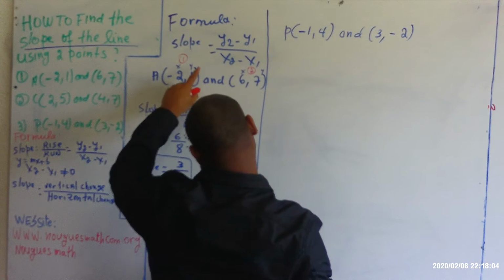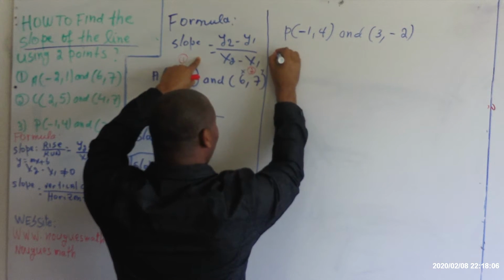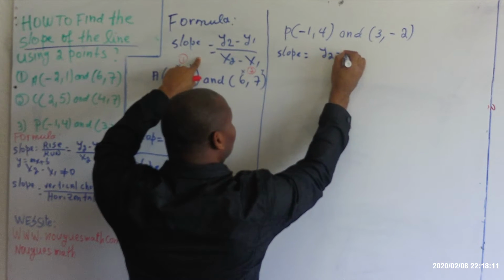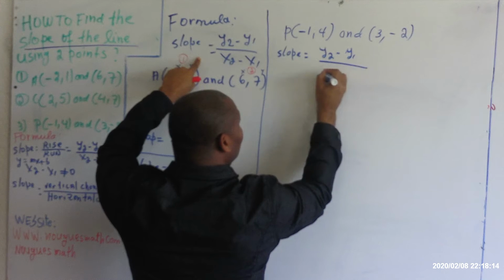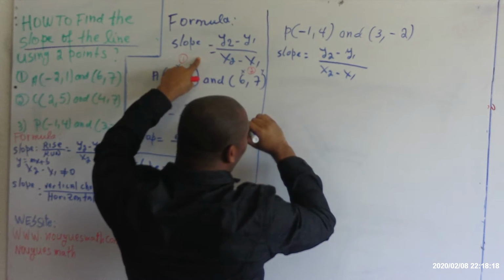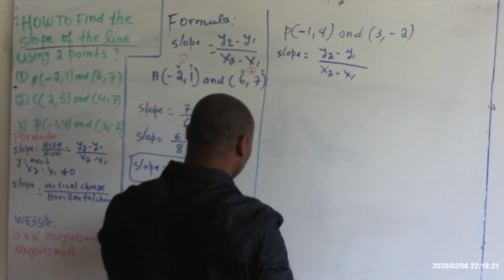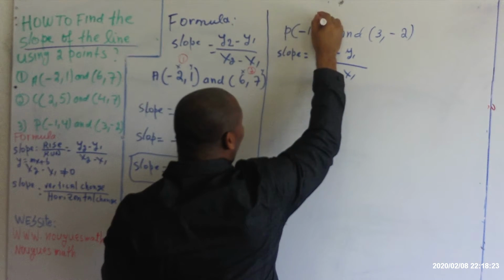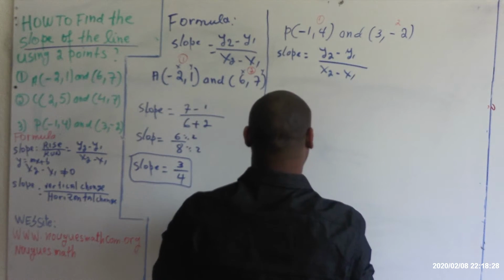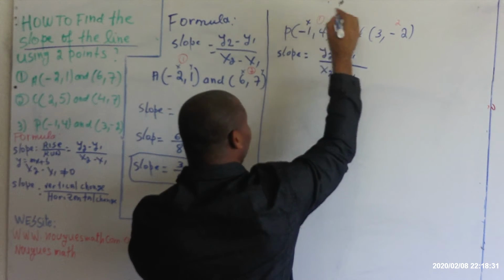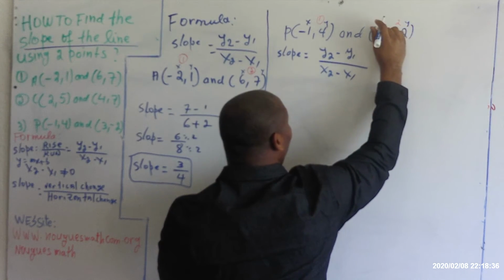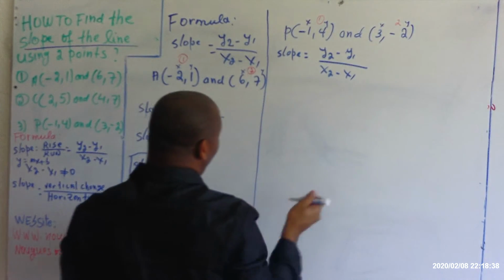First, we're going to write the formula for the slope. That's going to be y2 minus y1 over x2 minus x1. Okay, so let's do that. This is the technique, you have to use it. This is 1, this is 2. This is the x, y, x, y. Alright, let's start.